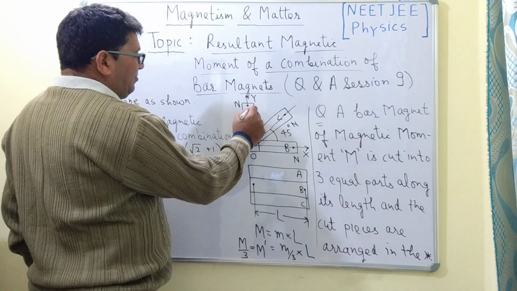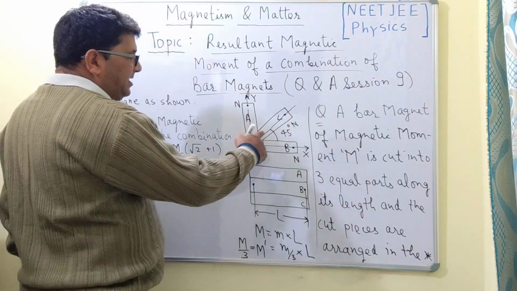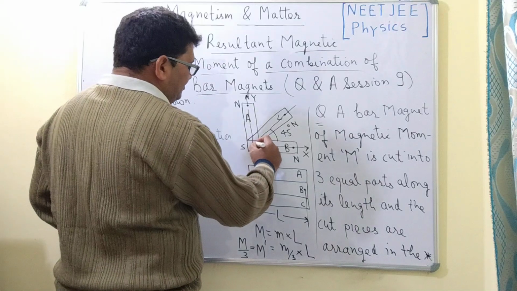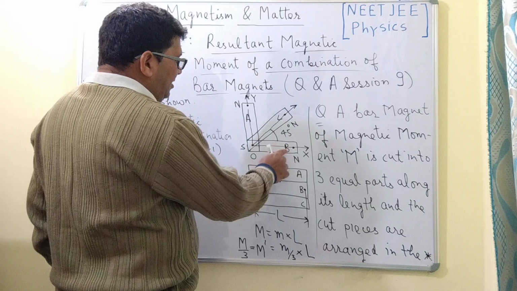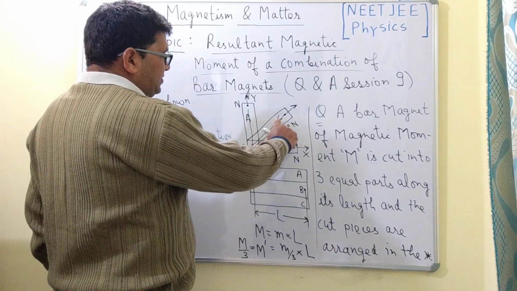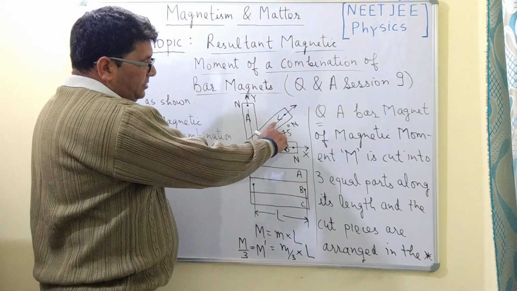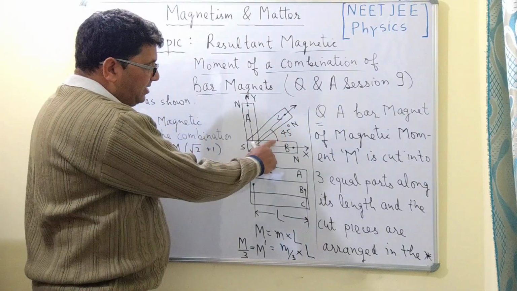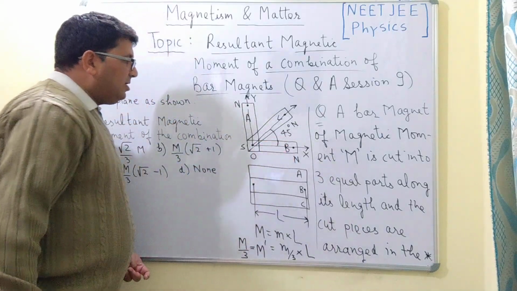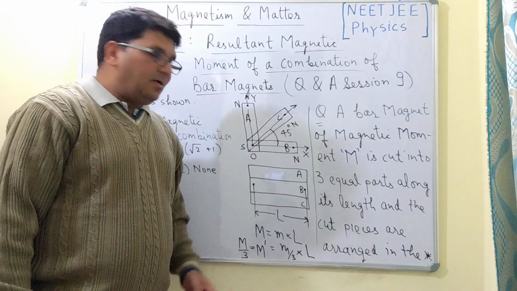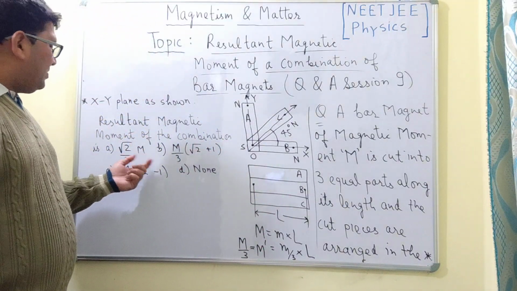The magnetic moment of the bar magnet A will be along the y-axis, and the magnetic moment of the bar magnet C will be along this magnetic length, and the angle made by the magnetic length of this bar magnet C with the x-axis is equal to 45 degrees as shown in this figure. So here we have to find the resultant magnetic moment of the combination.